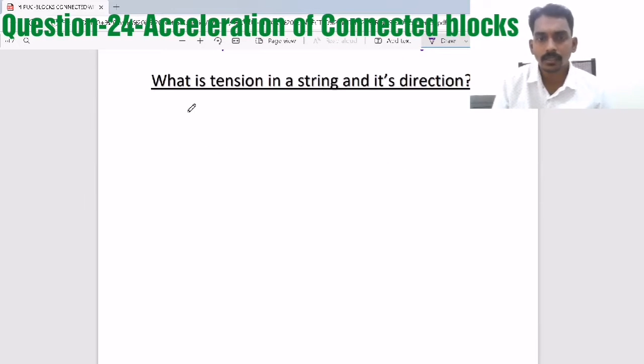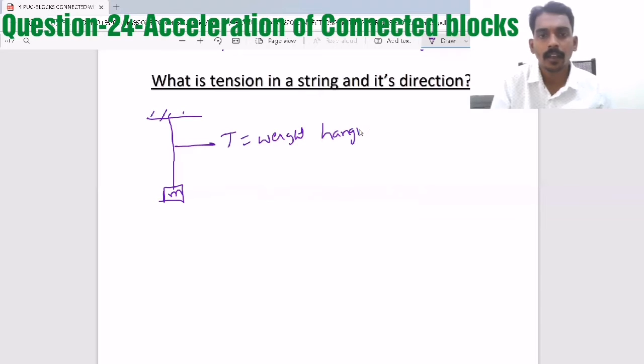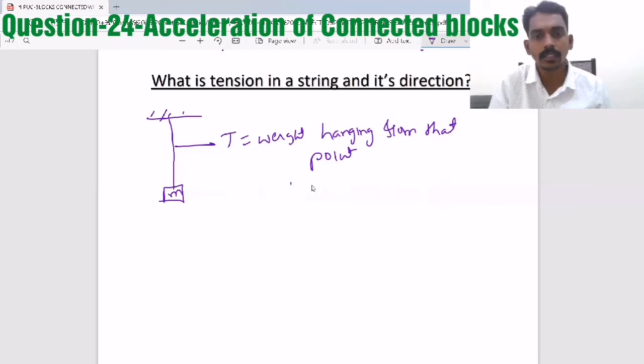The very first thing is the tension in a string and its direction. If there is one string, there is only one tension. If different strings, then different tensions. Generally, in a simple way, if you attach a mass to a string from a fixed support, then tension T equals the weight hanging from that point, so T equals mg.